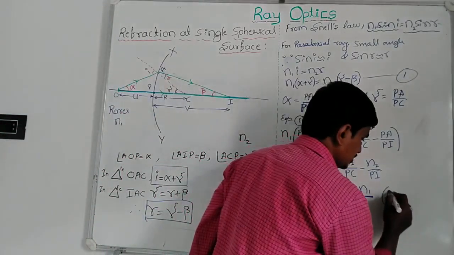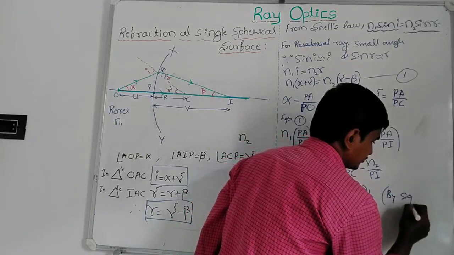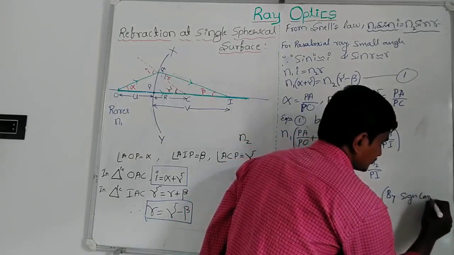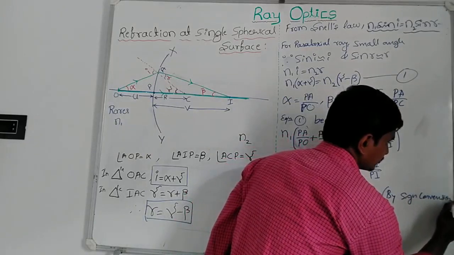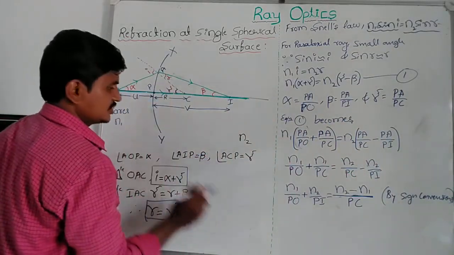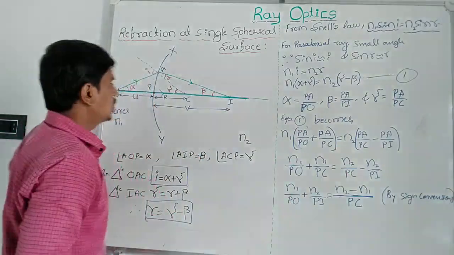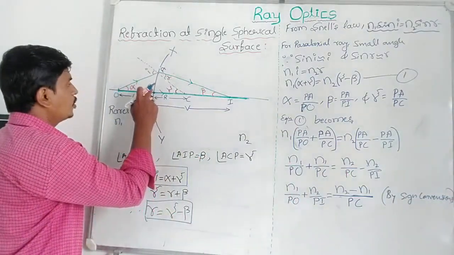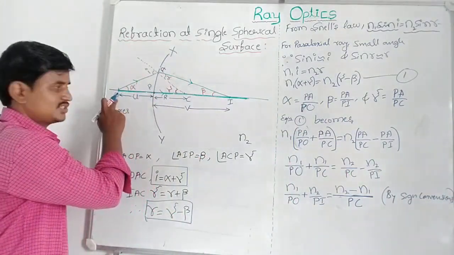By sign conventions, PO is the distance from pole to object, which is the object distance.